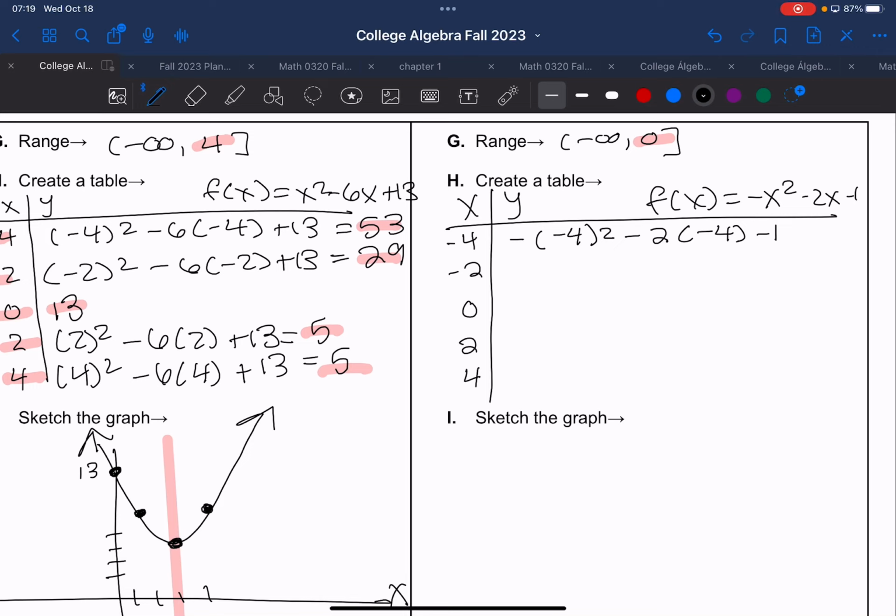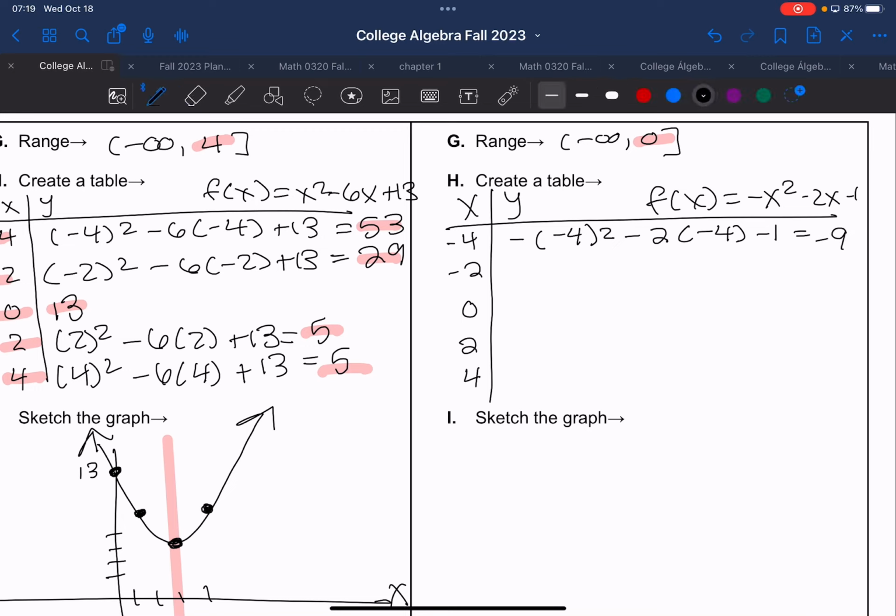What'd you get? Okay, 23. Everyone else get the same? You want to check? I'm trusting you here. 16 negative plus 8 minus 1. It's actually negative 9. Everyone else get negative 9?